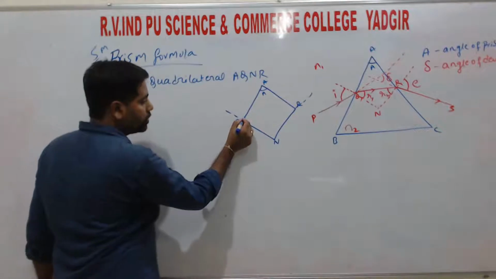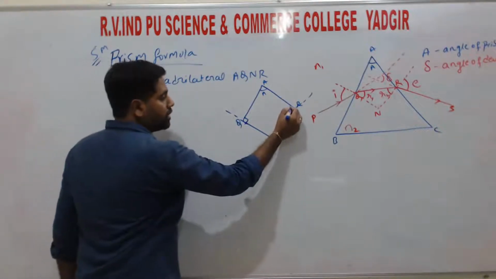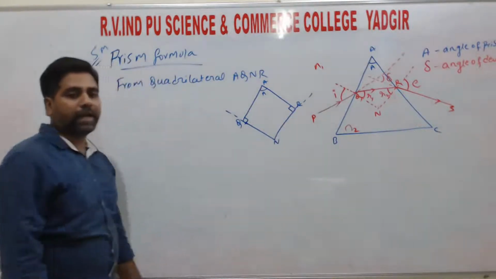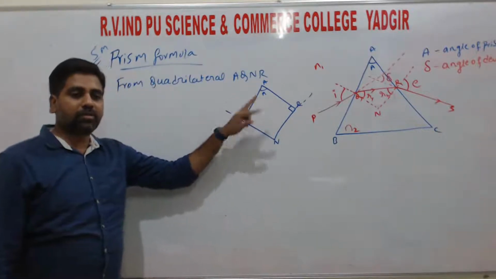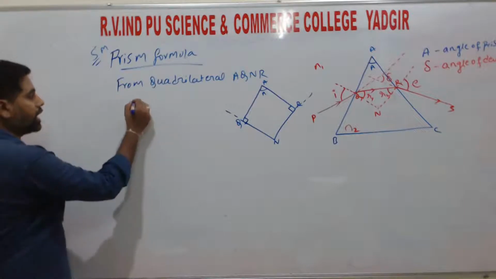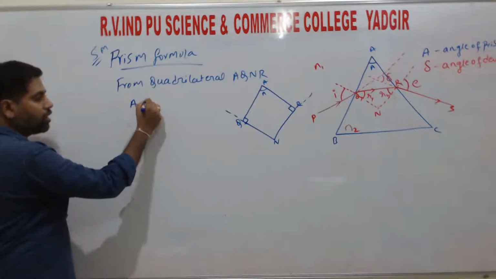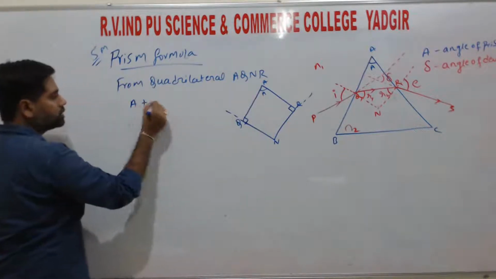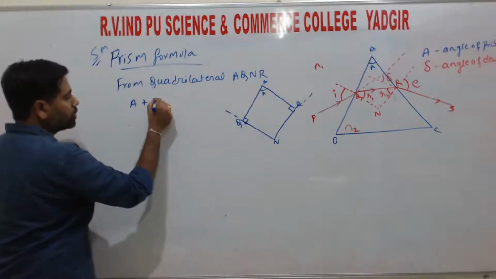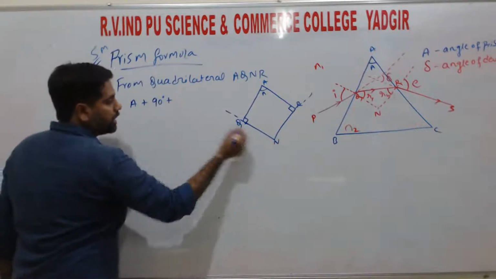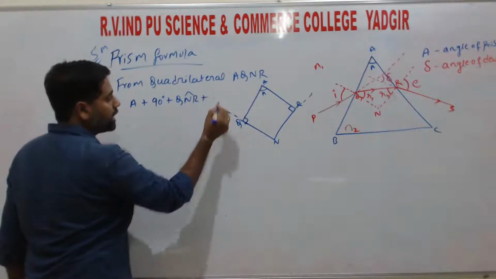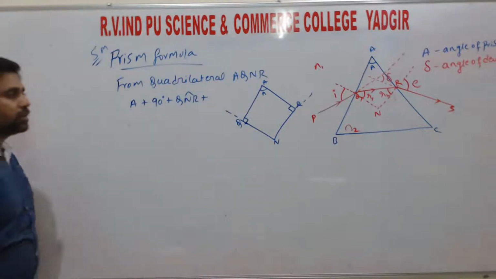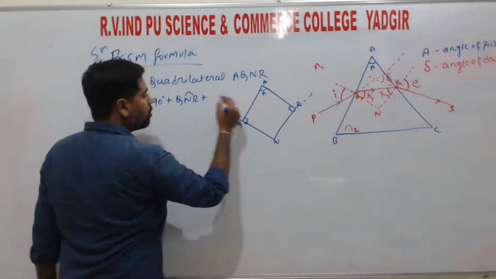Then angle Q is how much? It is 90 degrees. Angle R is also 90 degrees. The sum of all the angles of the quadrilateral equals 360 degrees. So A, the angle of prism, plus angle Q which is 90 degrees, plus angle QNR, which we don't know, plus angle R, which is how much?